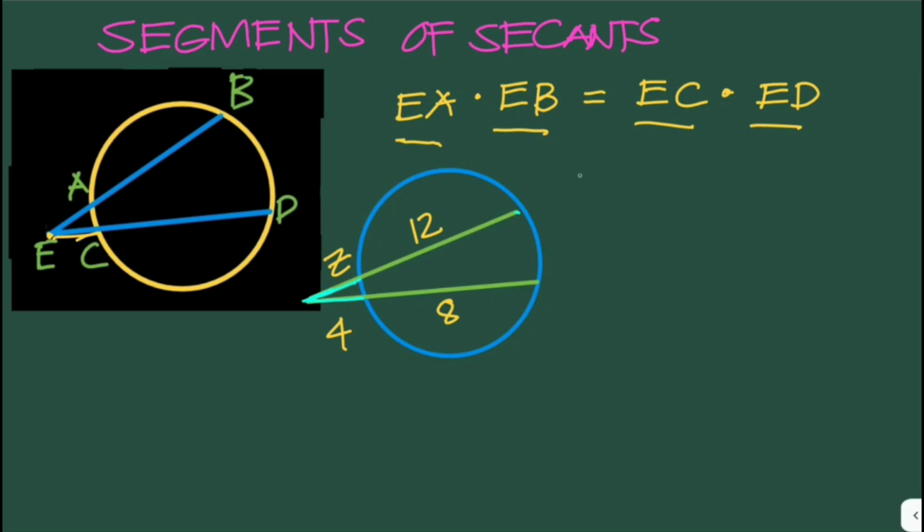So that would be Z times Z plus 12 equals 4 times 4 plus 8.